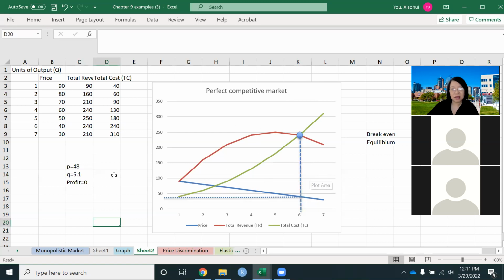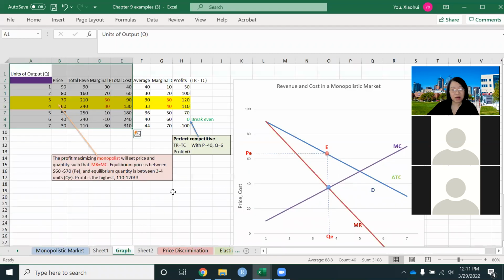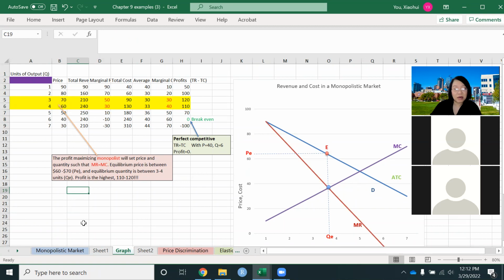Graph and this value. And we come back to the graph, we see for monopolistic, that's different. For monopolistic, from this graph, we learned the price is about, as Lucy guessed, 64, right? And the quantity is about 3.7 maybe.